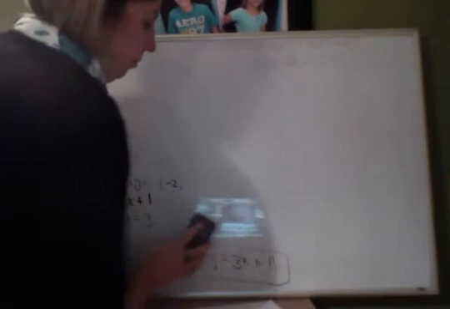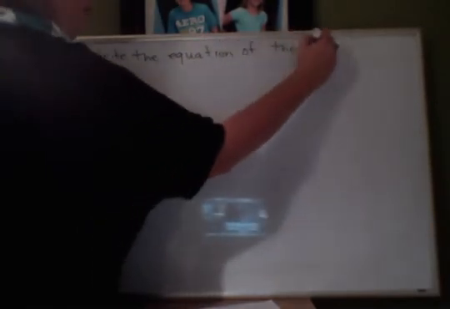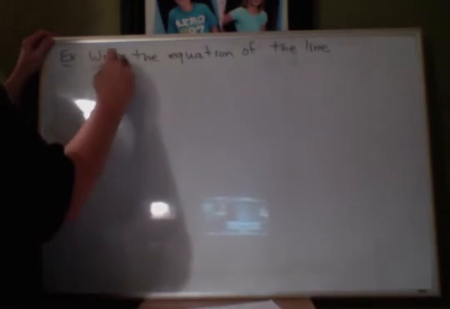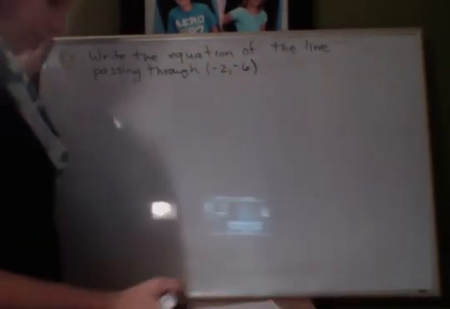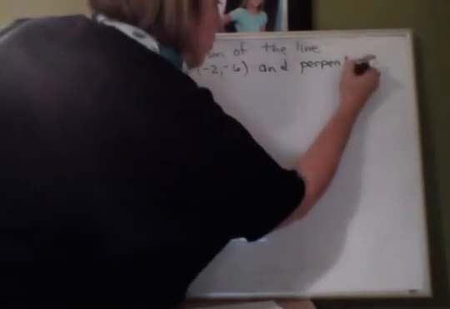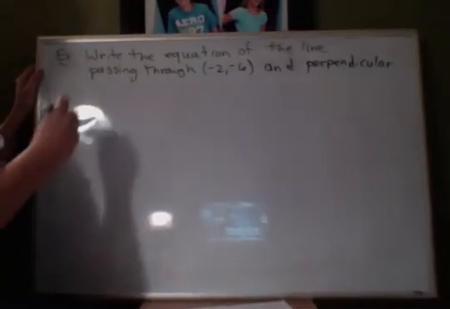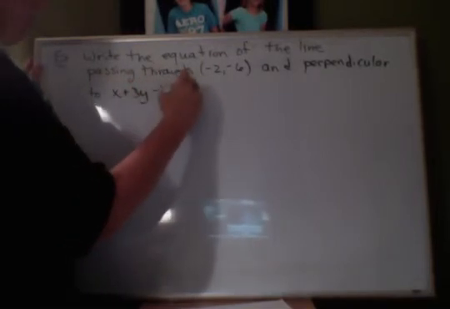Let me erase. This time, we're going to write the equation of the line passing through the point (-2, -6), and perpendicular to x plus 3y minus 12 equals 0.